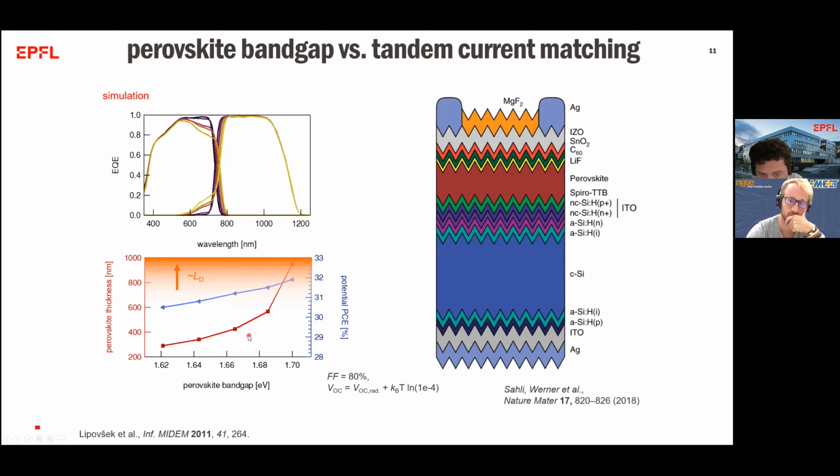Nevertheless, I mean, many of you probably know that in this region, the recent world records were reported, so 1.67, 1.68 electron volts band gap, and the numbers are very close. And the reason being that I used pretty much exactly the assumptions that were fulfilled in these papers, namely a fill factor of around 80% and the open circuit voltage that is reduced by 240 millielectron volts due to non-ideal emission.